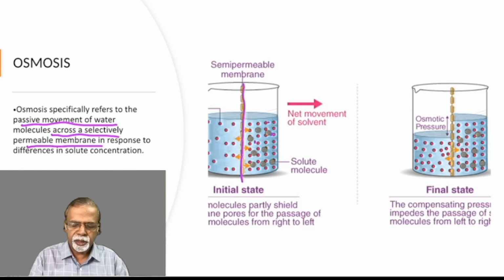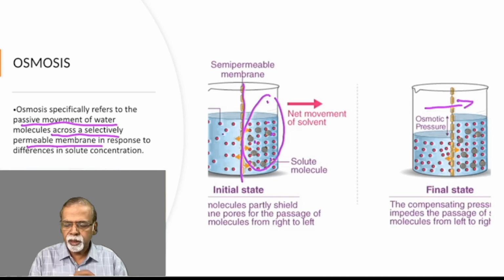Excess solutes are on this side and fewer solutes are here, so the concentration of solutes is more here. What will happen? Water, or the solvent, will go to the area where there is excess of solutes. This is osmosis. Regarding osmotic pressure, we will discuss later.